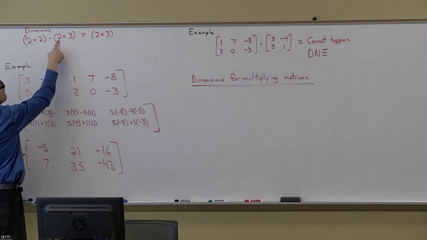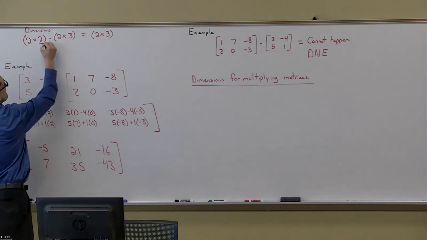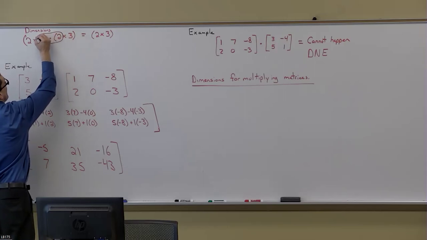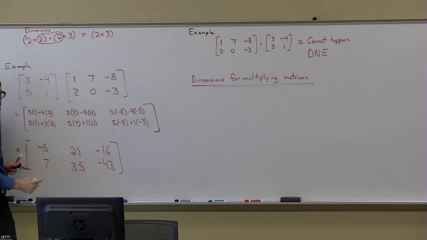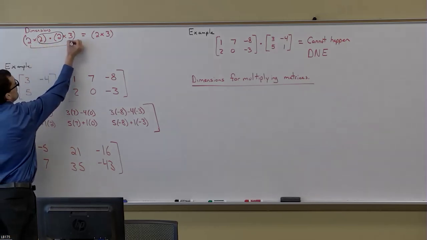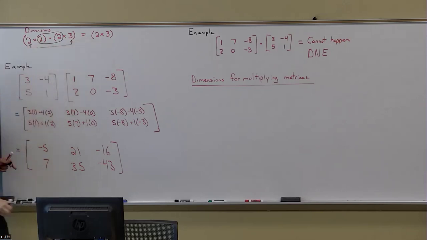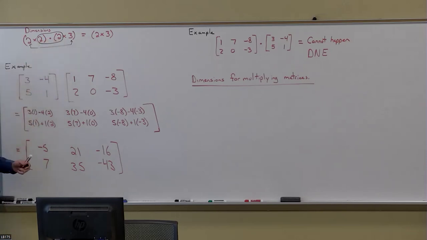So those match up, and my final matrix is going to be dimensions 2 by 3. That makes sense? It's almost like dimension-wise, these deleted each other.